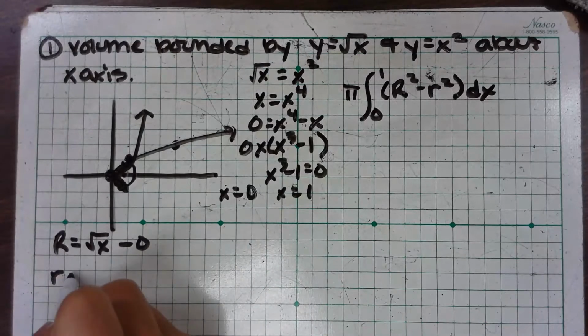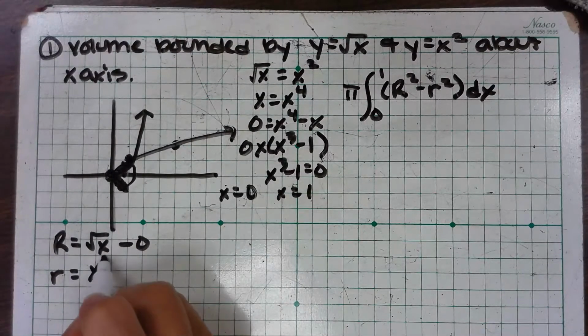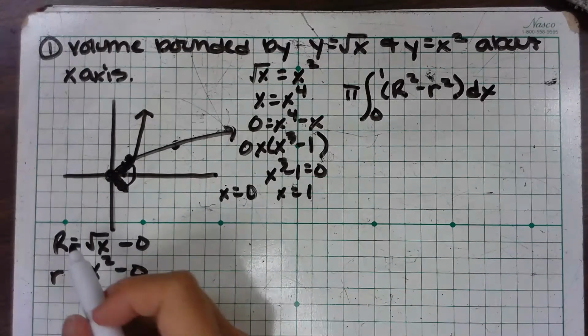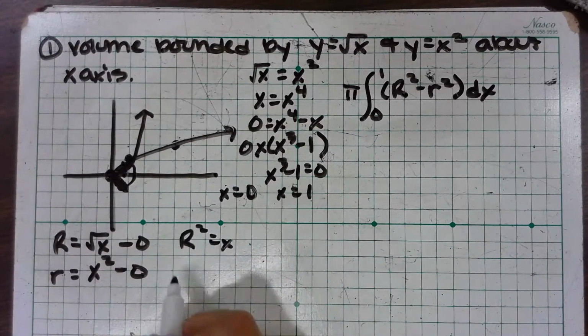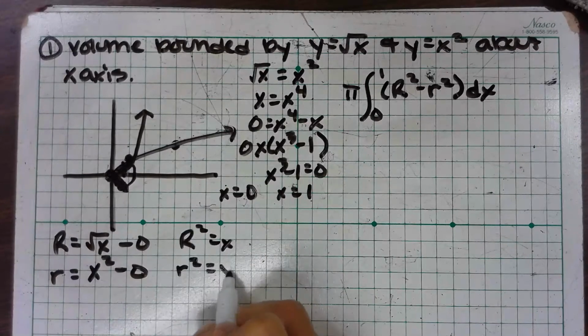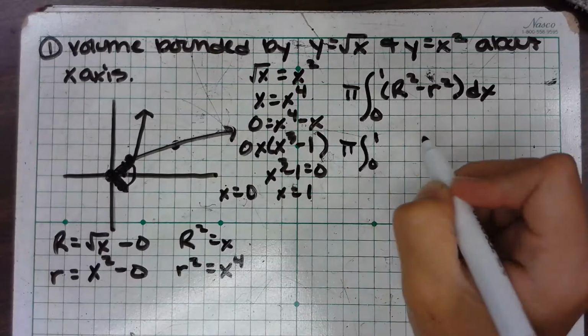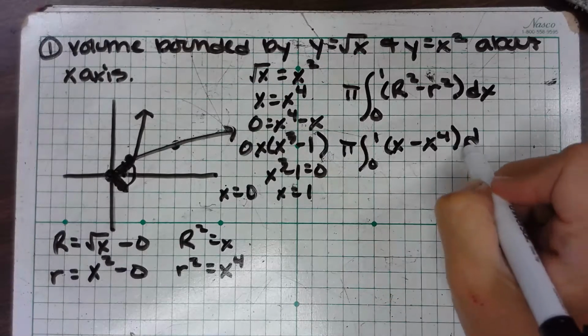And then little r, the x squared on the bottom, is going to be x squared minus 0. Obviously we don't need the zeros. Now think about when I square it, that means big R squared is going to be x, and little r squared is going to be x to the 4th. So it's going to be x minus x to the 4th, like this.